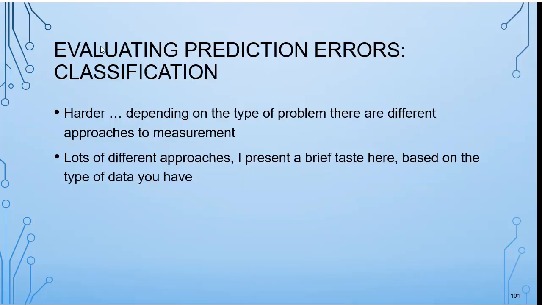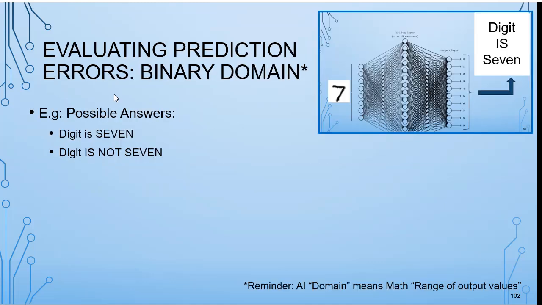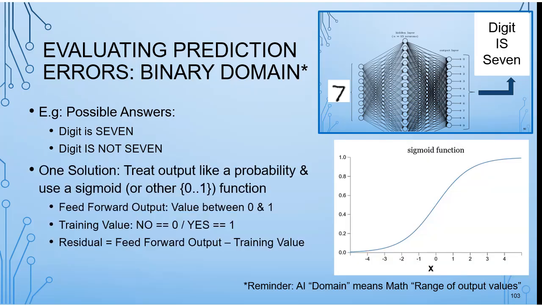One of them, if you really just want to do the binary domain, is you can take your output like a probability and use a sigmoid function where you just say no is 0, yes is 1, and that's what you're trying to train to.